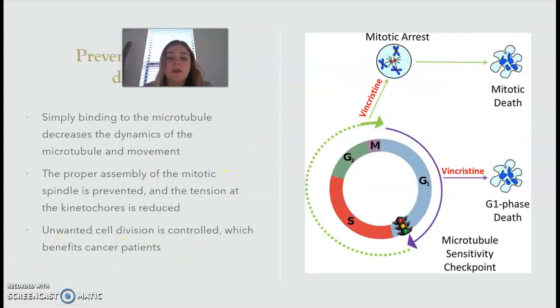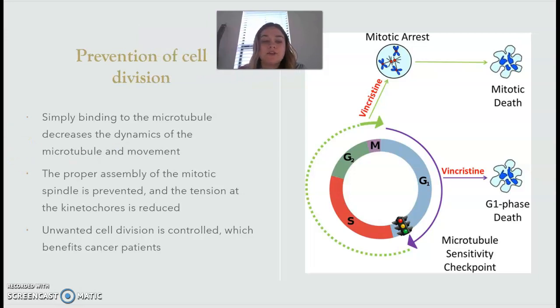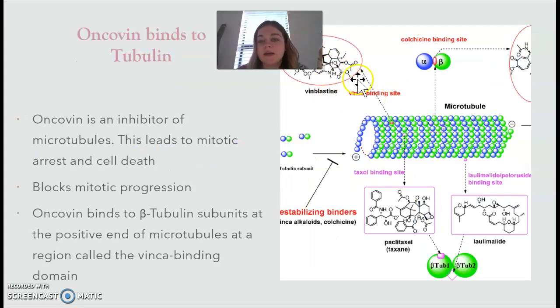So when Oncovin binds to the microtubule, simply binding to it decreases the dynamic of the microtubule movement already, right? So when we're binding here, the microtubule's movement and motility ability is already hindered just by having something additional binding to it, because it's not made to do that. And when we're talking about mitosis, we're talking about cell division.